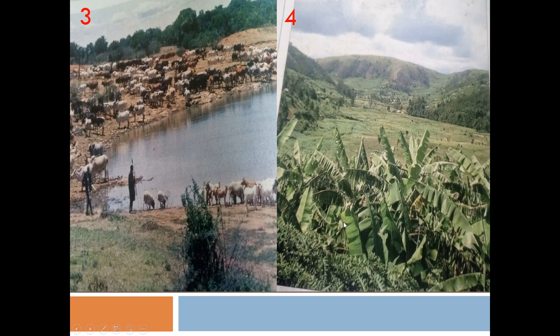Then crops have been grown. So the human activities are crop growing, or what we call agriculture, and settlement or construction of houses, because this area is relatively flat. The flat nature of the landscape has attracted construction of settlement structures or buildings.